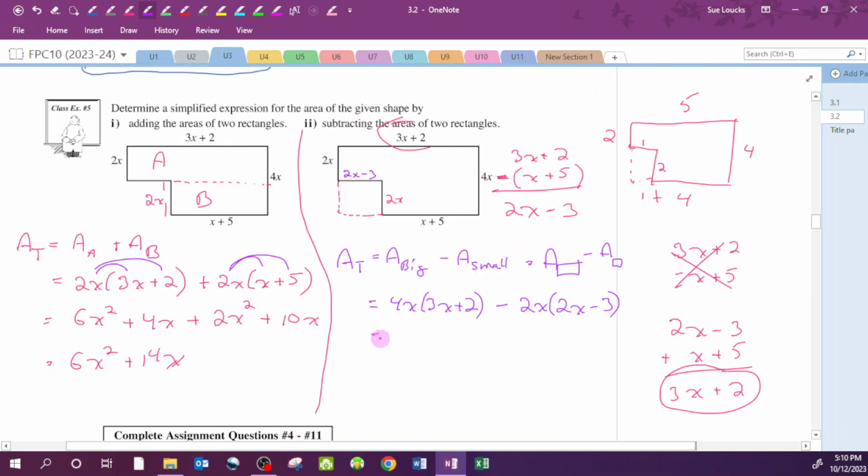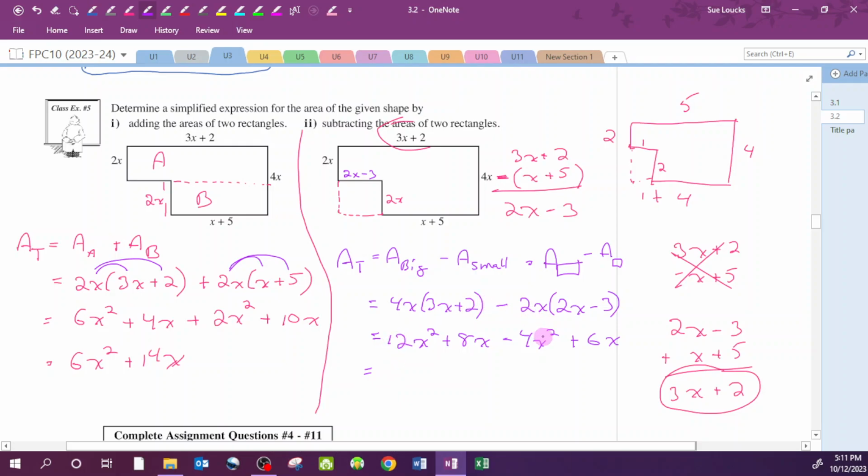Okay. So we've got 4x times 3x, that's 12x squared, plus 4x times 2, that's 8x. And then it's minus 2x times 2x, so that's minus 4x squared. And then negative 2x times negative 3 is plus 6x. And then I'm going to collect these things.